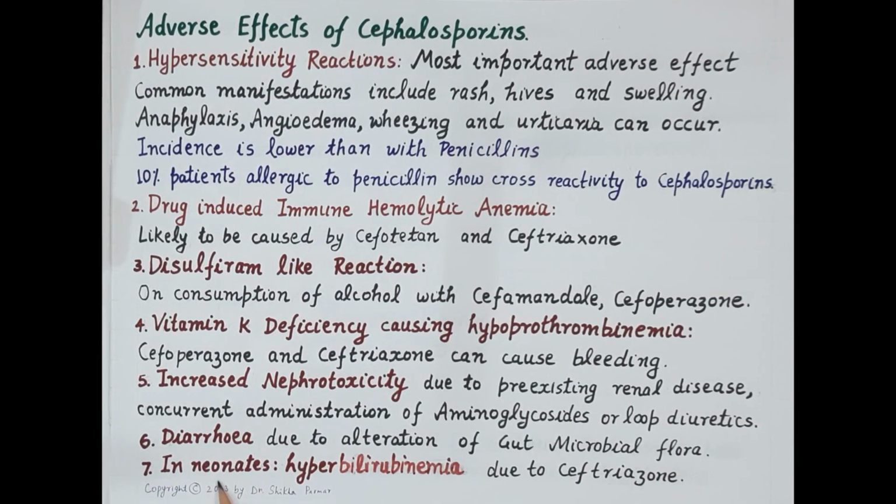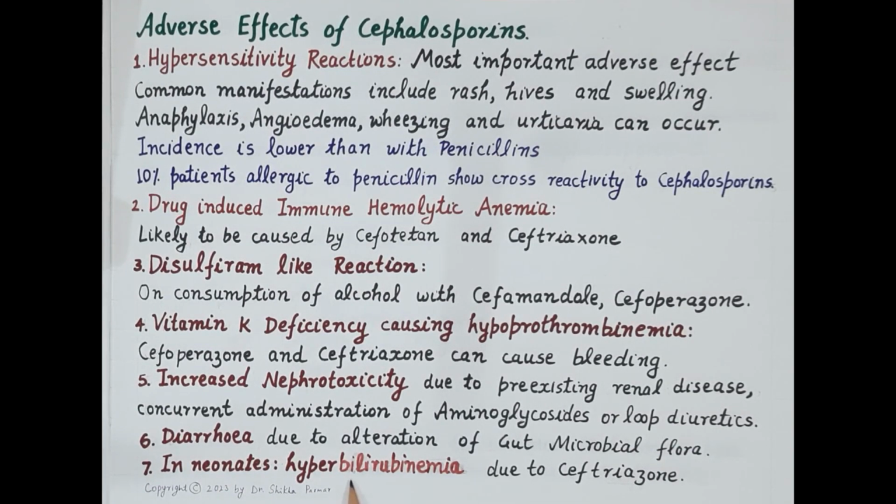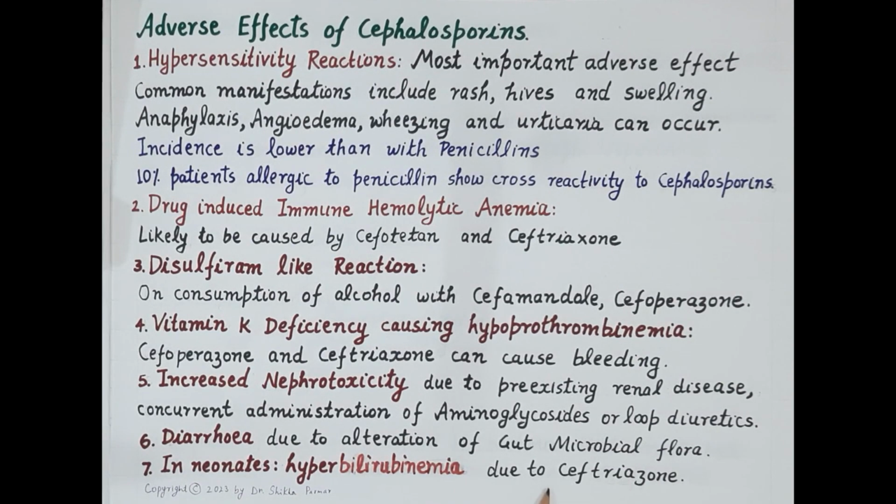In neonates, ceftriaxone is contraindicated as it can cause hyperbilirubinemia. So, it is very essential to keep a watch for the occurrence of adverse effects when the patient is on cephalosporins. So, this is in brief on pharmacology of cephalosporins.